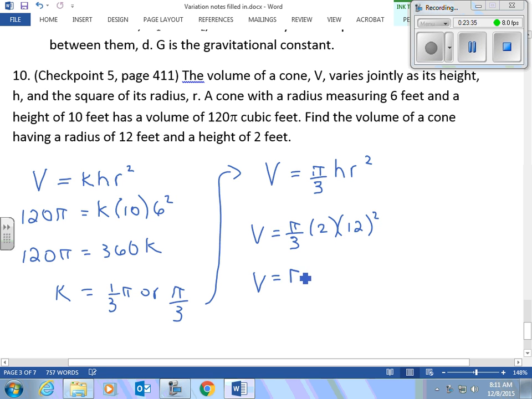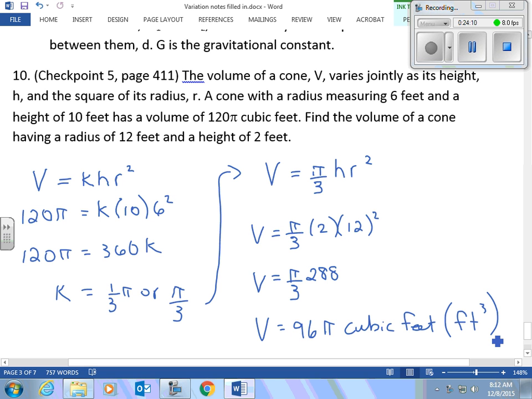So our volume will be pi over 3 times 12 squared is 144, times 2 is 288, divided by 3 gives us 96 pi cubic feet, because our measurements are all in feet here. Or you could think of it as feet cubed. And that's it for the 4 types of variation.